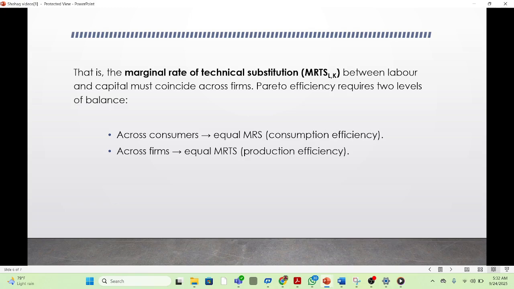Set up production efficiency with two goods X and Y using two inputs, labor and capital. Let the production function be X equals F of Lx, Kx and good Y equals G of Ly, Ky. Total resources are fixed: Lx plus Ly equals L bar, Kx plus Ky equals K bar.